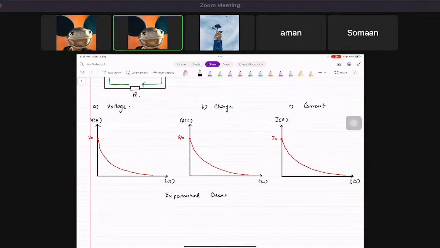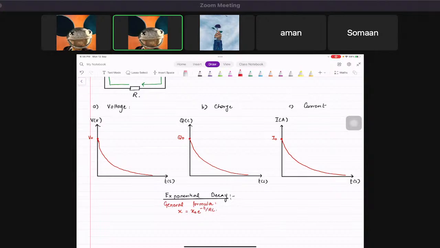And these are exponential curves, right? Now exponential decay has a certain equation that we need to remember. So for an exponential decay, generally the general formula is x equals x naught e to the minus t over RC. This equation is very important and you guys need to remember this.